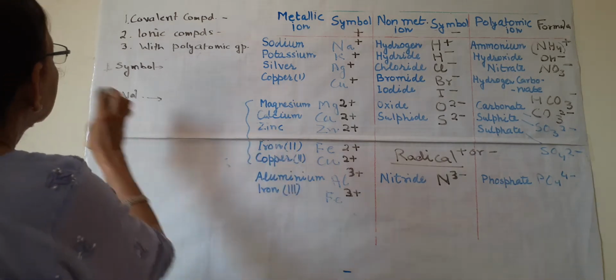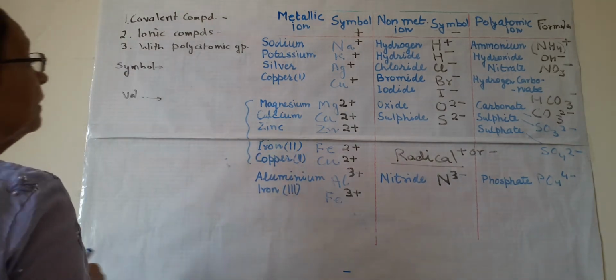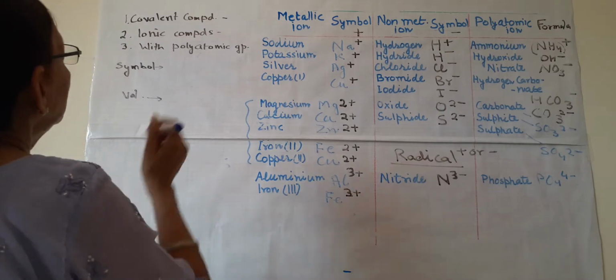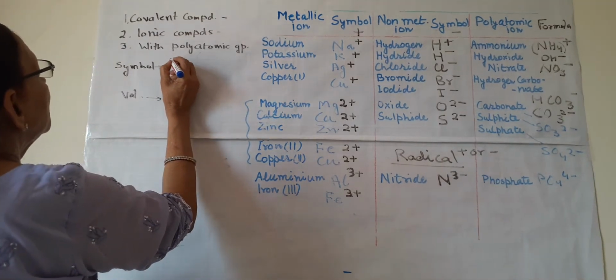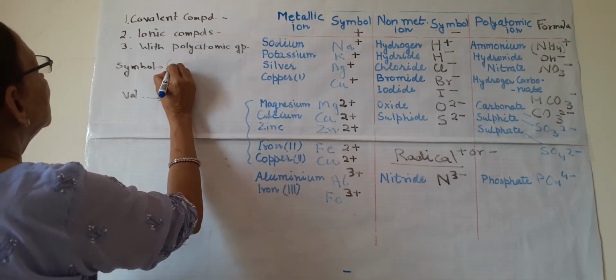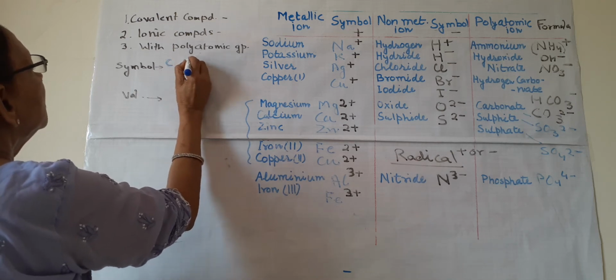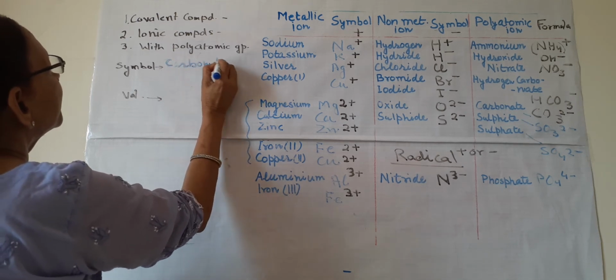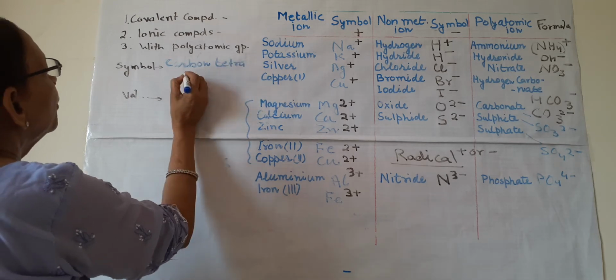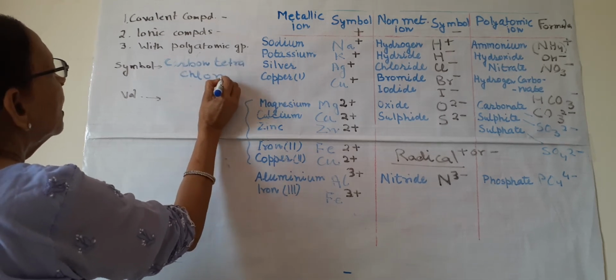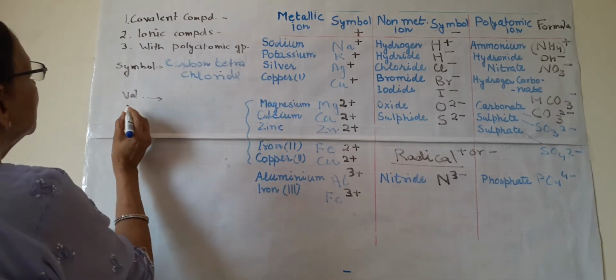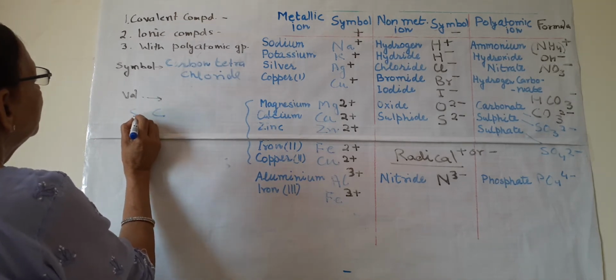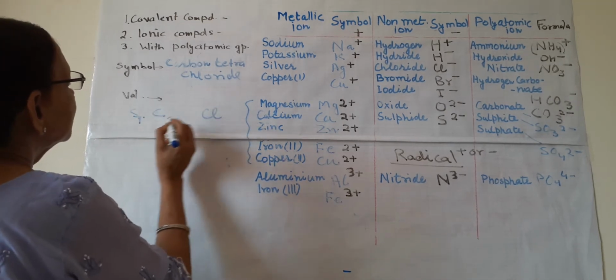We can see the symbols from here and also valencies from here. So next I am writing the formula of carbon tetrachloride. Symbol carbon C and chlorine Cl.